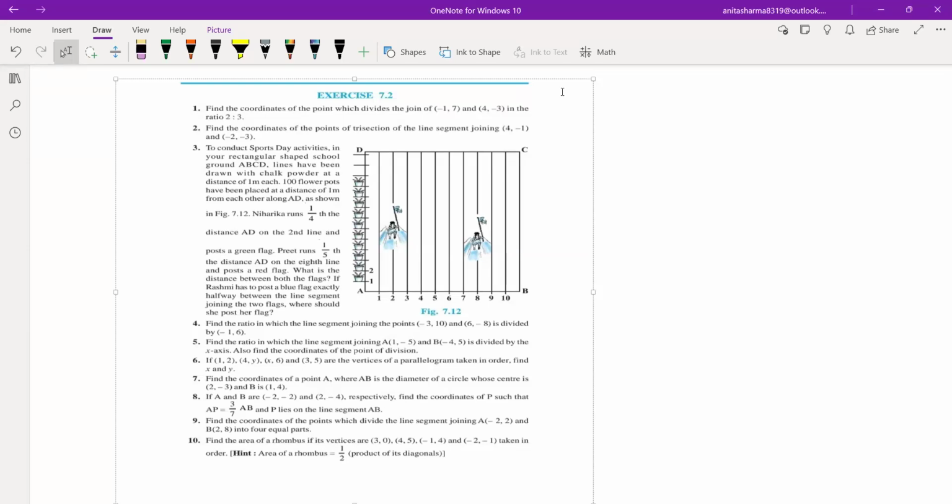See children, question number 6 is very, very important. Just mark it. Question number 6: if (1, 2), (4, y), (x, 6), (3, 5) are the vertices of a parallelogram taken in order, then find the value of x and y.